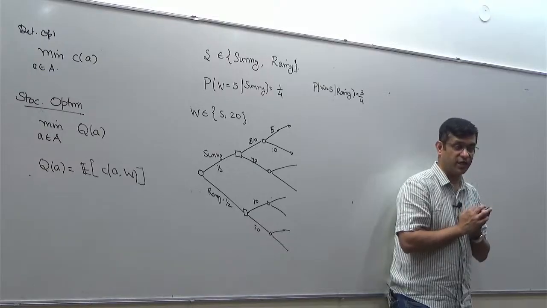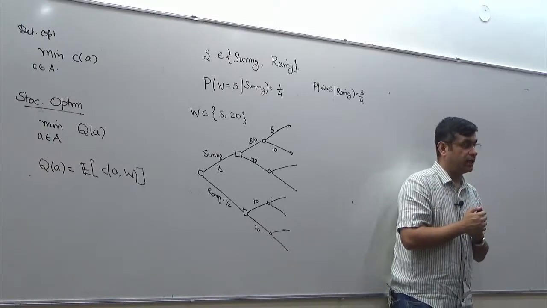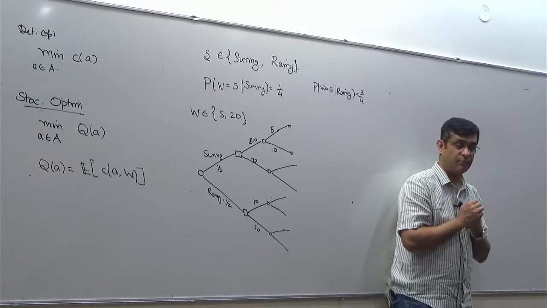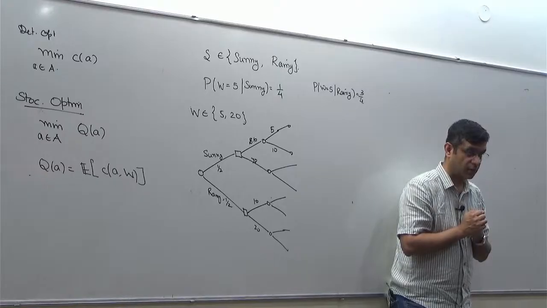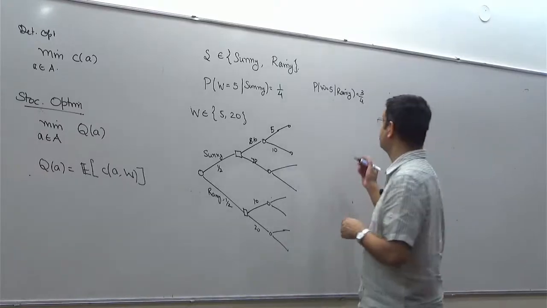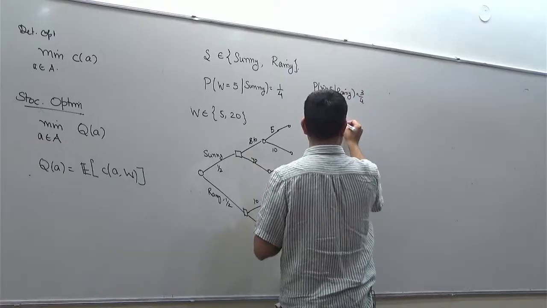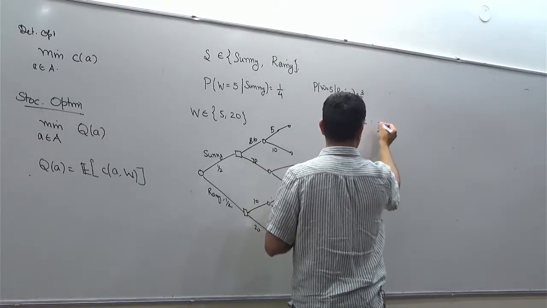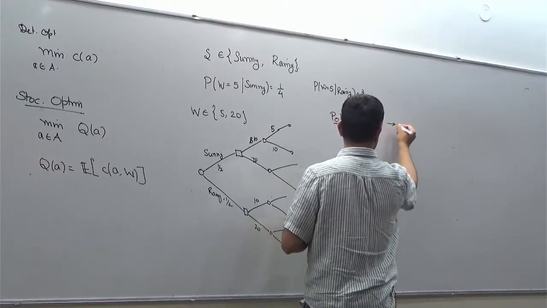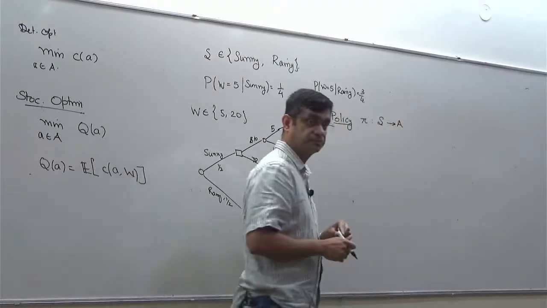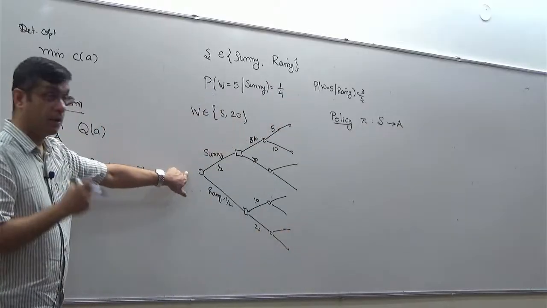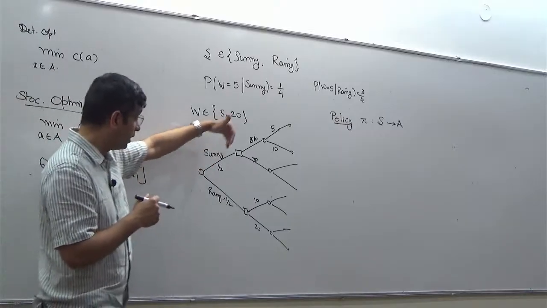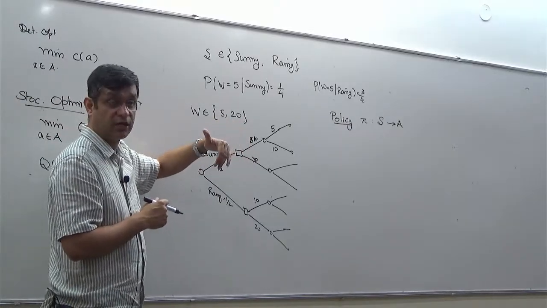He needs to come up with saying, if it is a sunny day, I'm going to buy X number of newspapers, and if it is a rainy day, I'm going to buy Y number of newspapers. Okay? This thing is known as a policy or a strategy. I'll use the term policy. This is a map from the observations of the decision maker to its actions. Okay? So I'm looking at the problem at this point. This is the ex ante view of the world, when no random variable has realized.